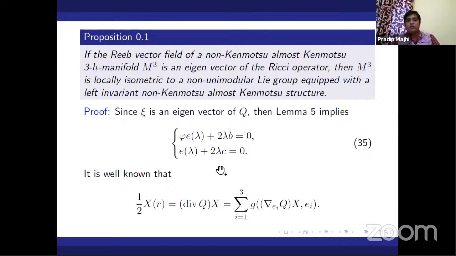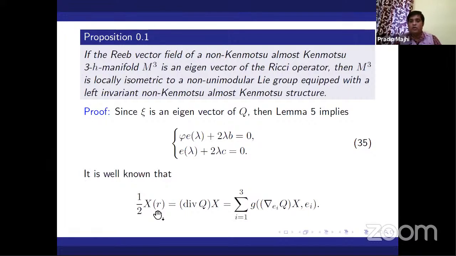Now it is known that the divergence of the Ricci operator Q is half d r(X), or X r, where X is a vector field operating on a function. Ultimately X r is a scalar valued function.